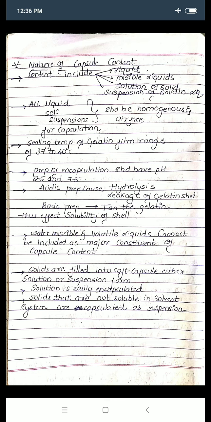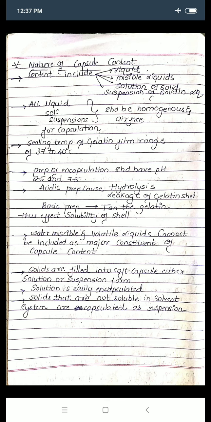The preparation for encapsulation should have a pH between 2.5 and 7.5. Acidic preparation causes hydrolysis or leakage of the gelatin shell, whereas basic preparation causes tanning of the gelatin. These types of conditions affect the solubility of the shell.